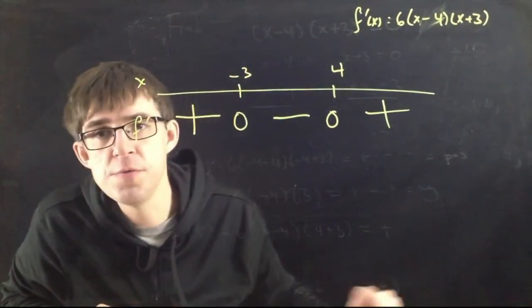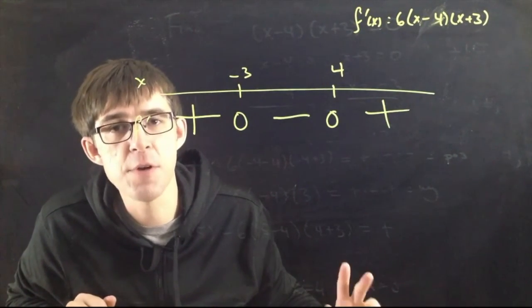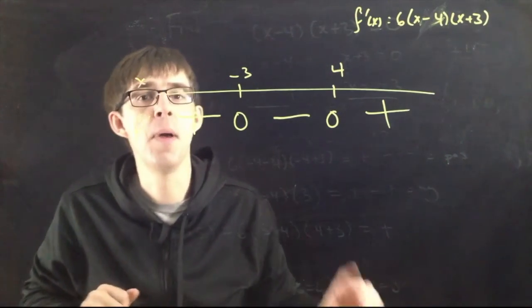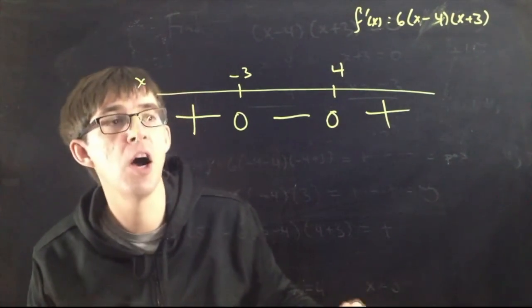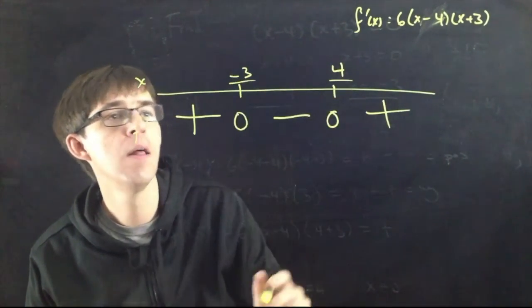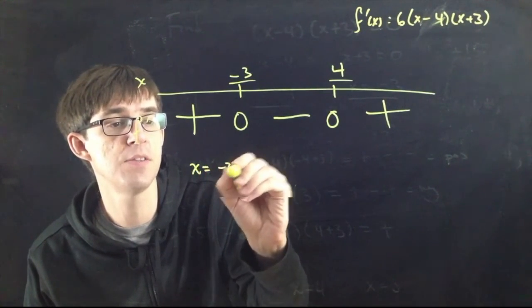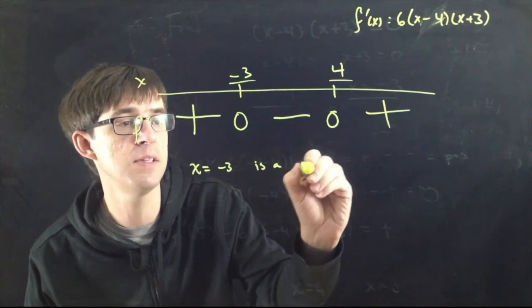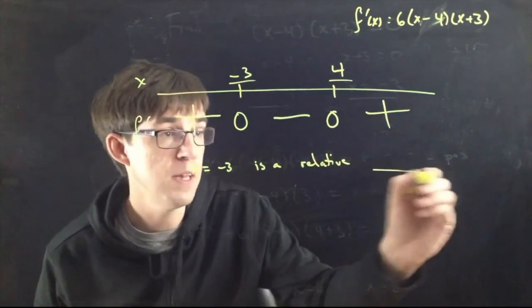Remember, our job here is to find the relative extrema and say for each one, is it a maximum or minimum? The first derivative test says the relative extrema occur at the critical numbers. So these are the numbers which we should say in the answer. So I'm going to say x equals -3 is a relative, fill in the blank here.